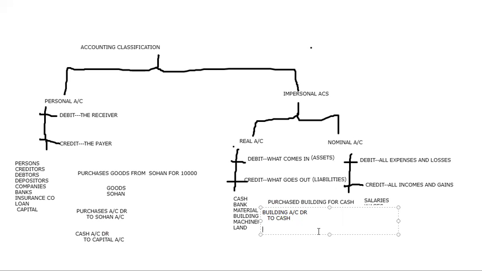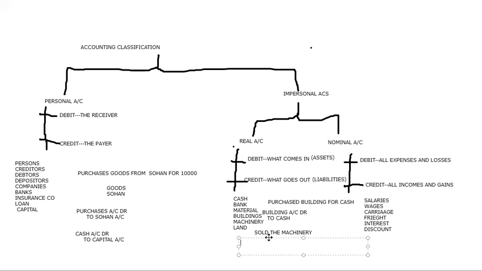Then the same thing, same example, let's assume I sold the machinery. I have taken a transaction of sold the machinery. So how do we write the transaction for it? Machinery is going out. When machinery is going out, what is coming in return?